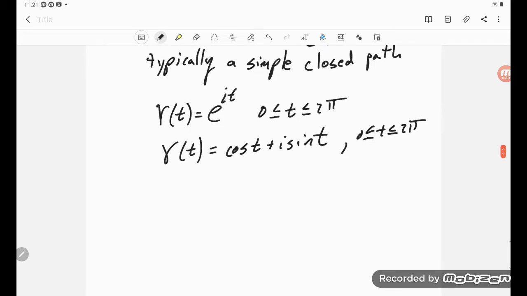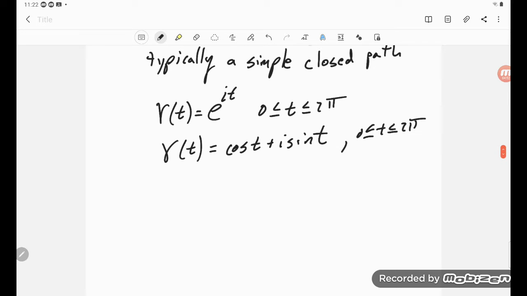Now you could use a different orientation, where you use the conjugate, cosine t minus i sine t, or e to the negative it. That would give a different orientation.